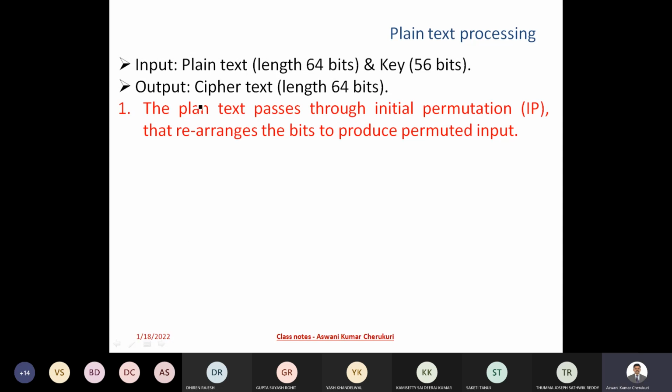This plain text is passing through initial permutation, that is, getting the bits rearranged. So how is this initial permutation happening, or how are you going to perform the permutation? If you notice, this is how it happens.